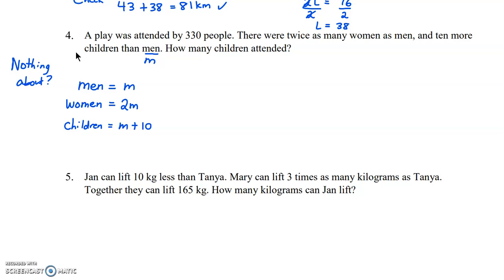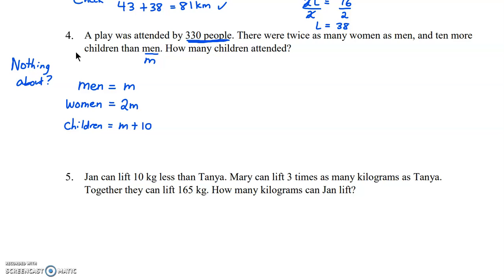Now that we have everything we need, we can figure this out. So it says here how many children attended. So we have to put together the men, the women, and the children to equal the total, which is 330. And then what we can do is solve for the men, and then from there we can figure out the kids. Until we get the men, we're not going to be able to solve for women or children.